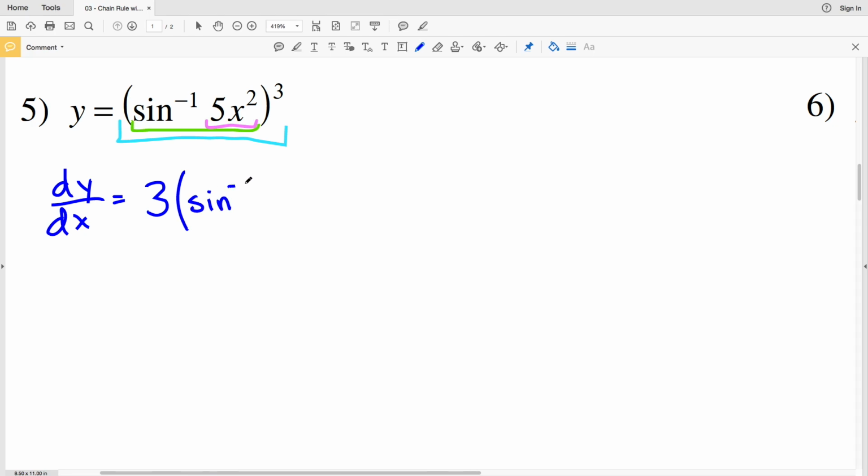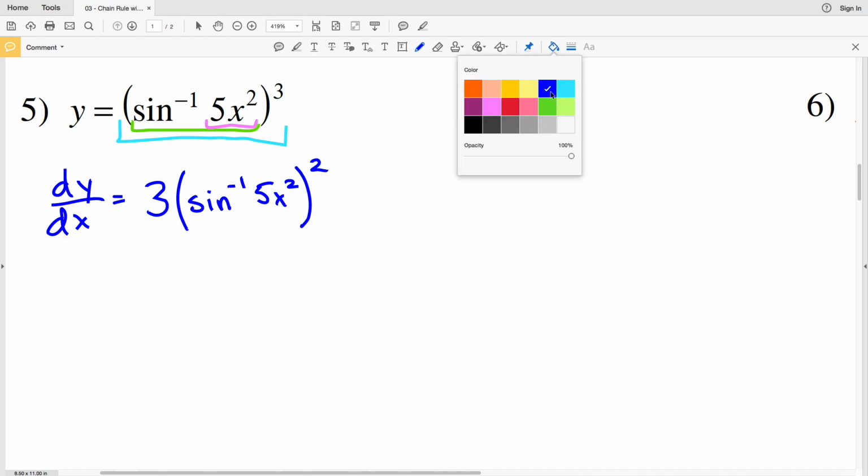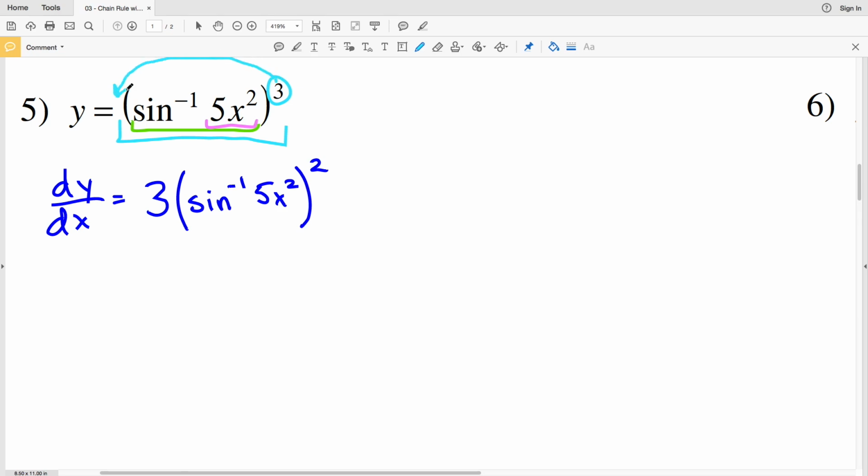So the inverse sine of 5x squared and then squared, because you can see we took the 3, multiplied it in front, and then subtracted that by 1. So here's the 3, and 3 minus 1 is 2. But our inside function remained the same. Now we're going to find the derivative of that middle function, the derivative of the inverse sine of 5x squared.